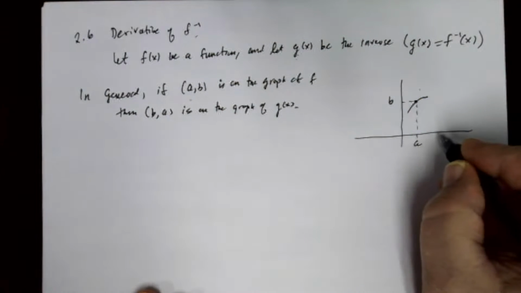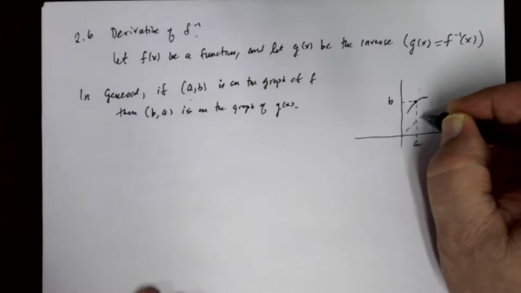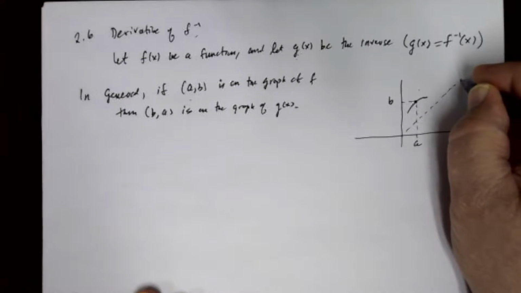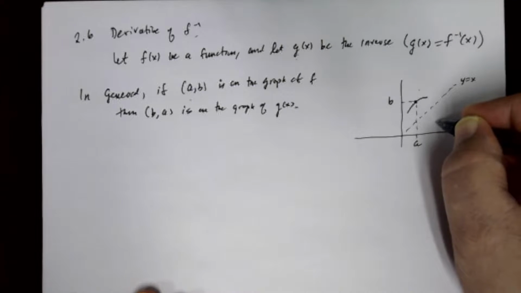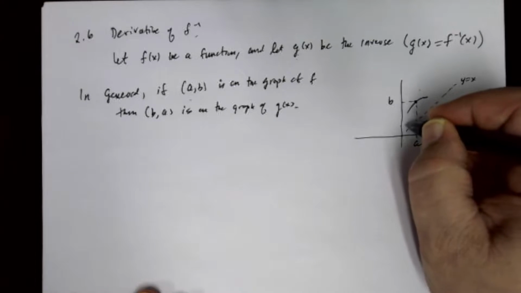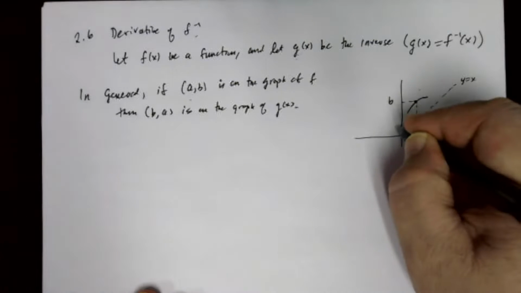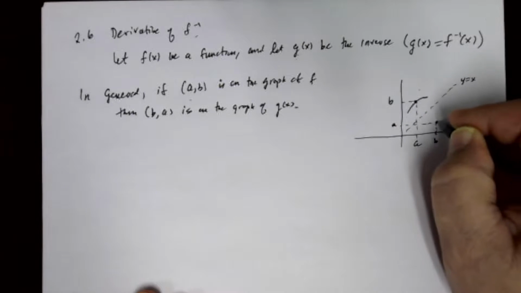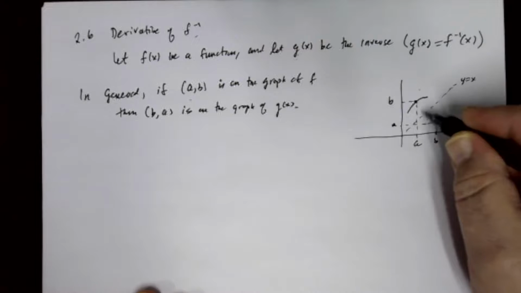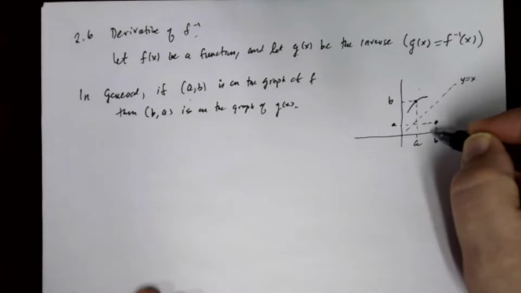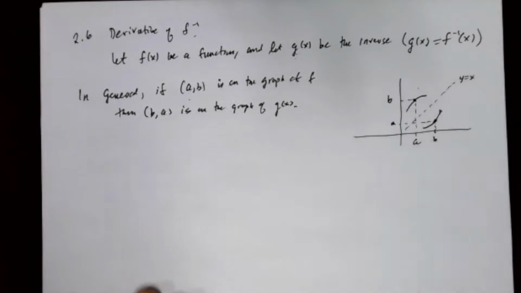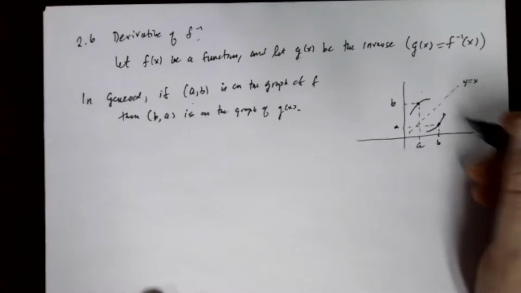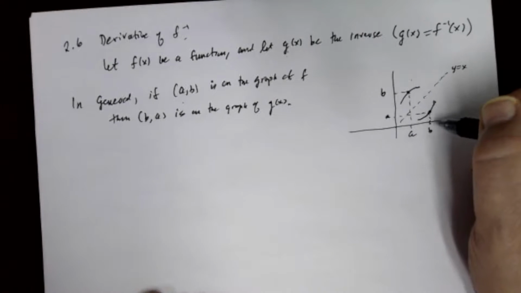Okay, and so we'll go ahead and maybe draw the line y equals x, and then we'll flip that point over to here, right? And so now this is (b, a) here. Okay, so what would the graph of f inverse look like? It'll be something like that, right? Good.